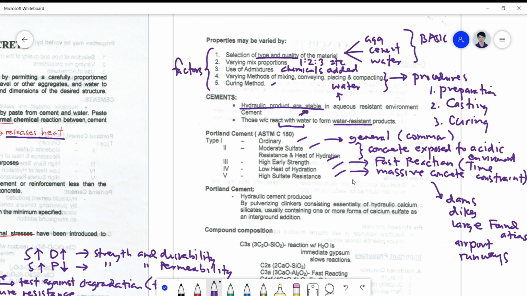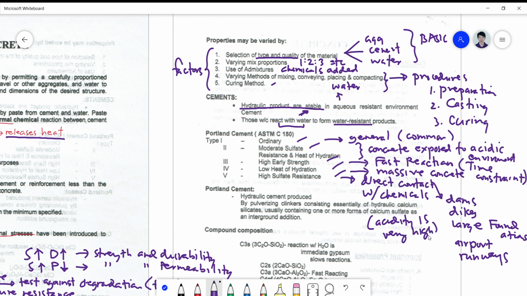For high sulfate resistance, this is for those in direct contact with chemicals, very acidic, where acidity is very high.